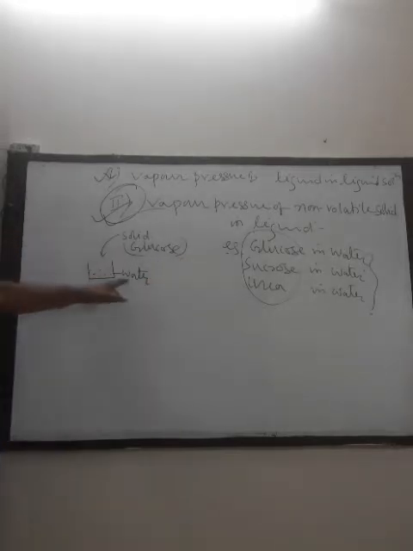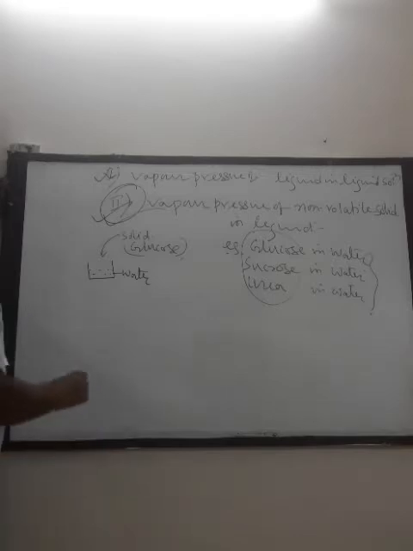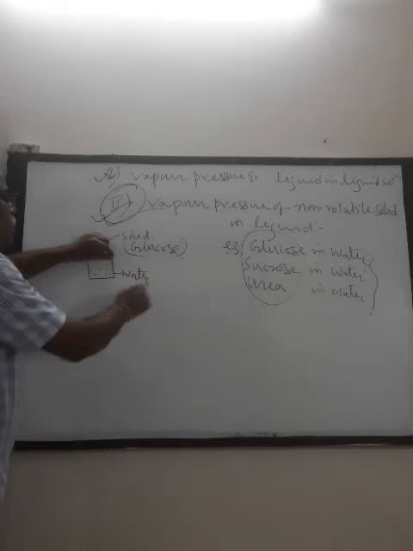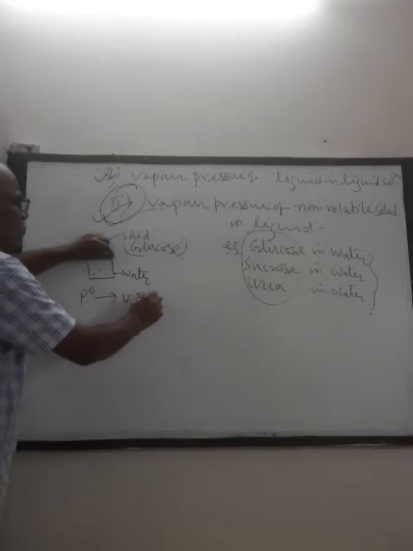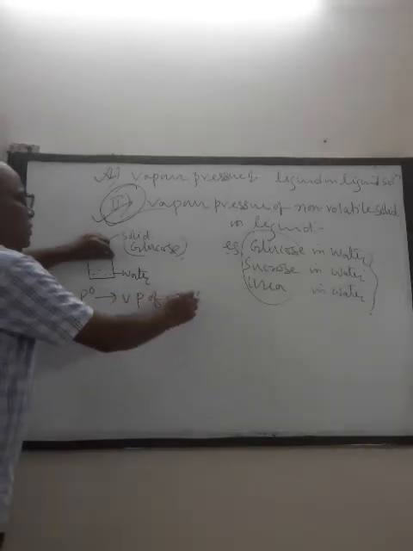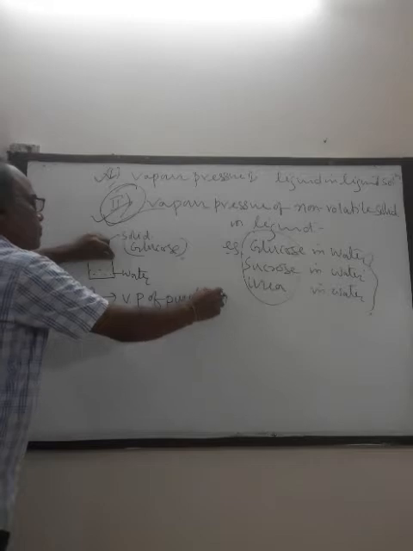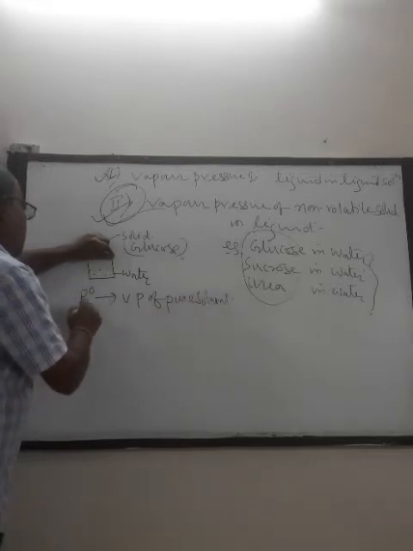So glucose in water, so solid in liquid. When only water is present, it is called the pure solvent, and let P naught represent the vapor pressure of the pure solvent, which is generally denoted by A.